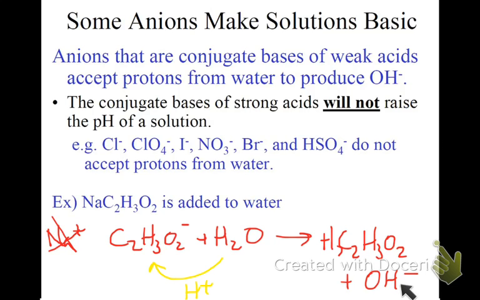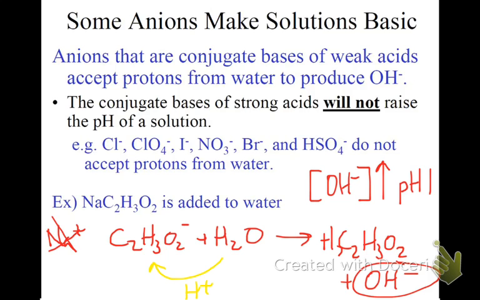So once again, we're producing hydroxides, and hydroxides make things basic. As the concentration of OH minus increases, the pH will also increase, and it'll become more basic.